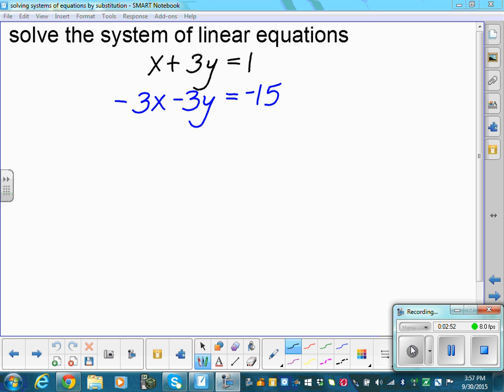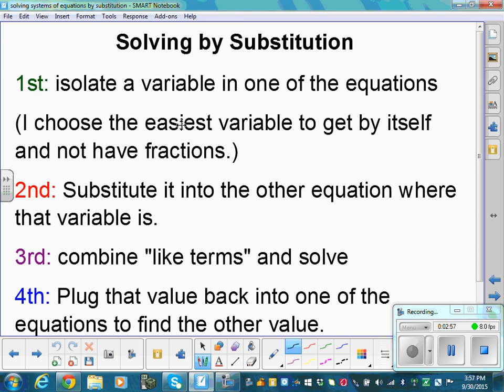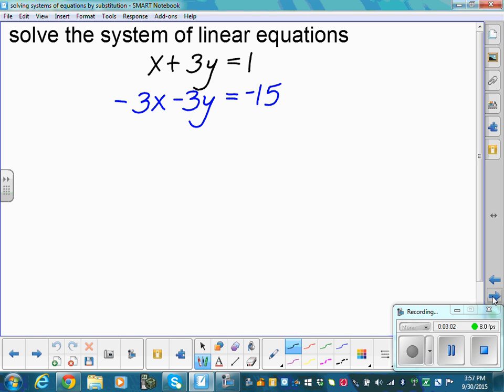If you think back to our steps, the first step was to isolate a variable in one of the equations. Looking at these two equations, I'm going to isolate a variable. Notice, if you look right here, x can easily be gotten all by itself.